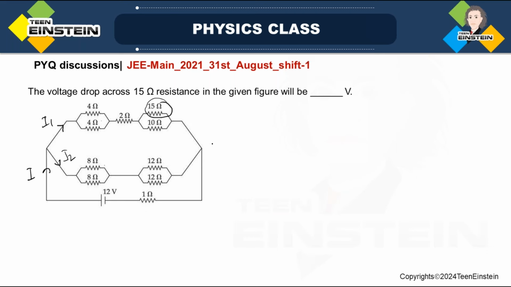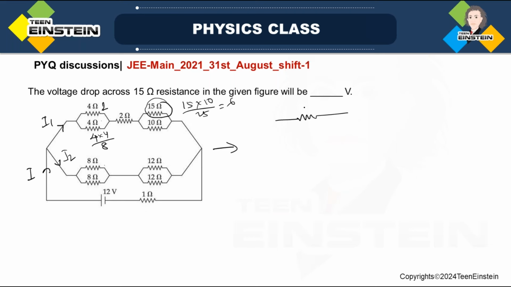So how do you find that out? For that, it is better to find the equivalent resistance for these two branches. Look, this is actually a parallel branch of 4 and 4, so 4 into 4 divided by 8, so this will be 2. So I have got 2 out of this. I have 2 already here in series, and this is 15 into 10 divided by 25, so this will give you 6. So look, this is 2, 4, and 6.